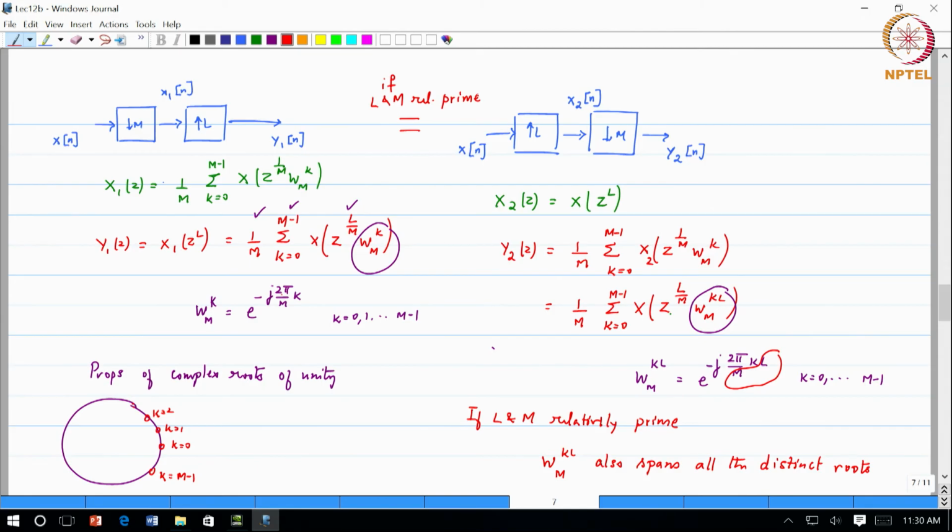That is a very, very powerful result. Which basically says that, for example, downsampling by a factor of 2 and upsampling by a factor of 3 is the same as upsampling by a factor of 3 followed by downsampling by a factor of 2.